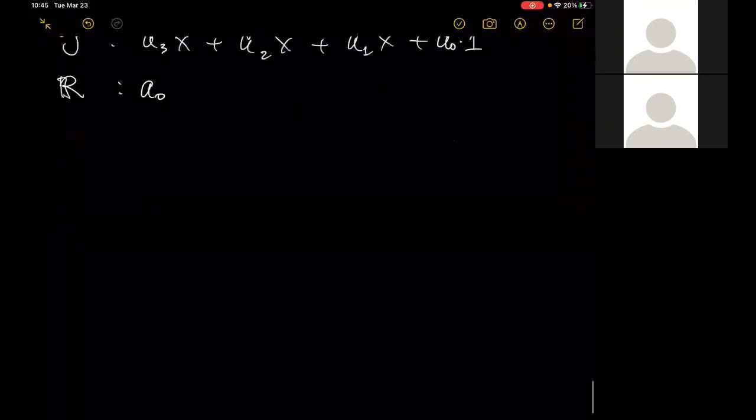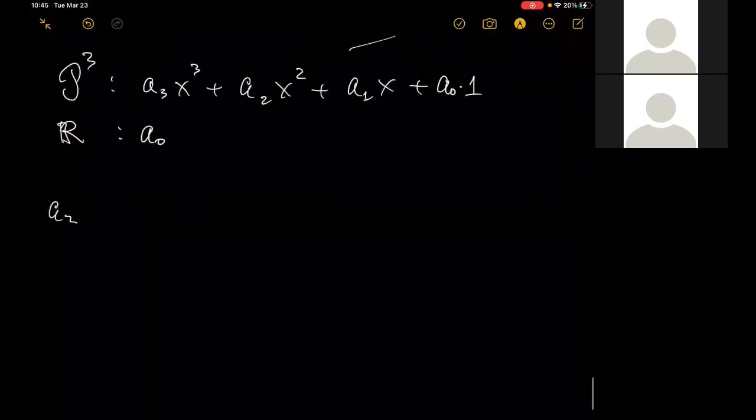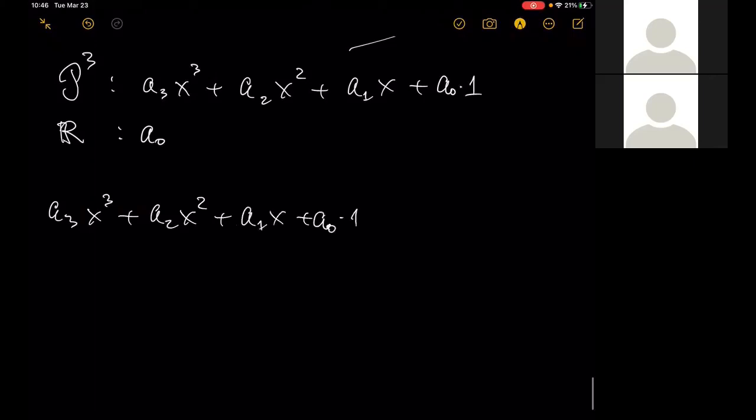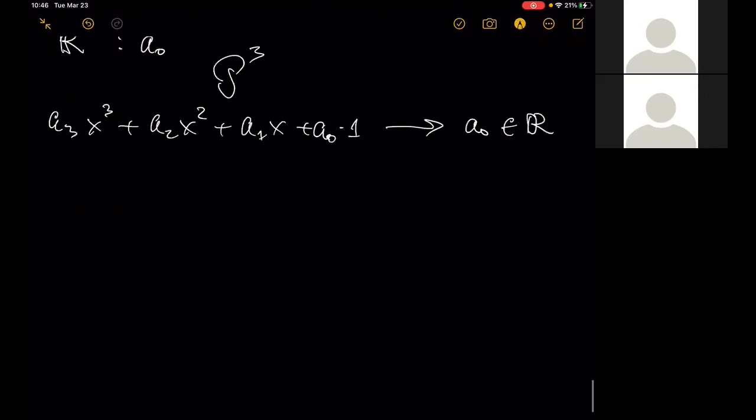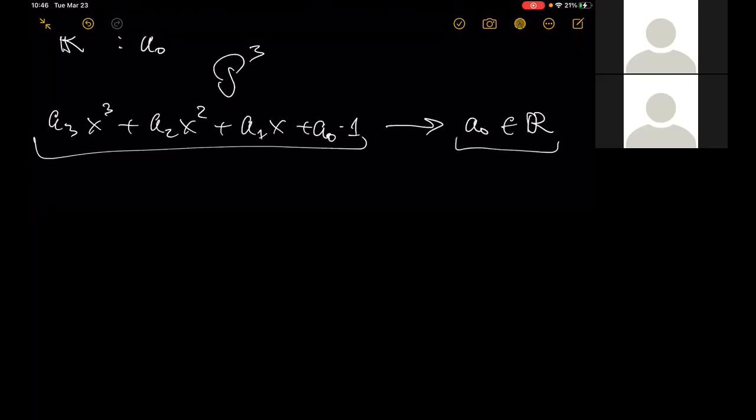So essentially I'm taking a3 x cubed plus a2 x squared plus a1 x plus a0 multiplied by 1, an element of polynomials of degree 3, and I map it to just a0, which is just a real number, right? So a 4-dimensional space, a 1-dimensional space.